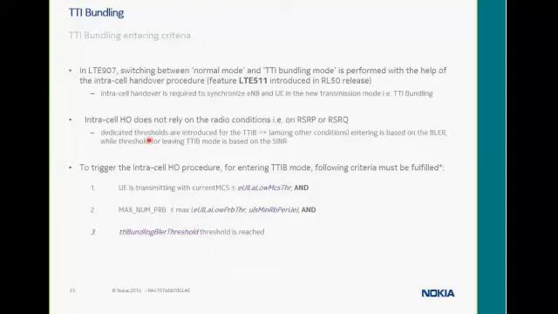And the intra-cell handover does not rely on radio conditions. It is mostly to make sure that both ends of that communication, in this case the Uu communication link, are established so that we can make sure the subscriber and the eNode B are performing the exact same functionality and they are communicating in the same language.